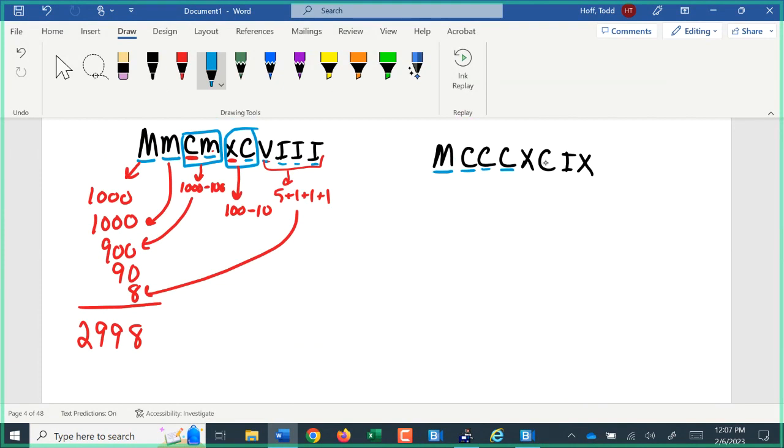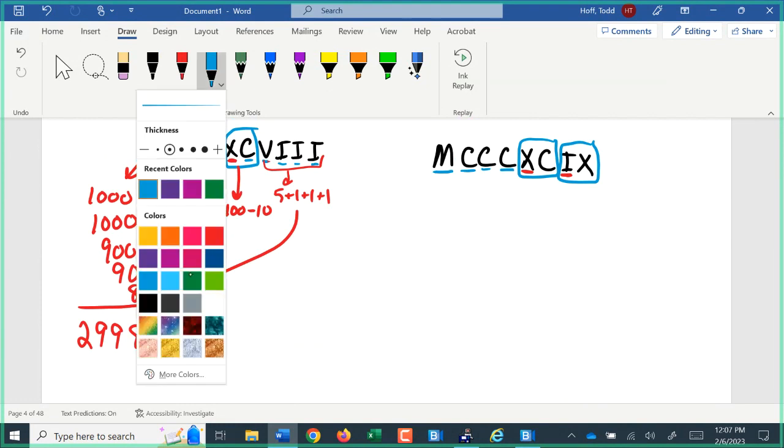The X is 10 and the C is 100, so that's followed by a larger digit, telling me that that X is a subtracted digit, and it's going to work with the digit that comes after it. The I is 1 and X is 10. So again, that's followed by a larger digit, which tells me that that I is subtracted, and it is going to work with the digit that comes after it.